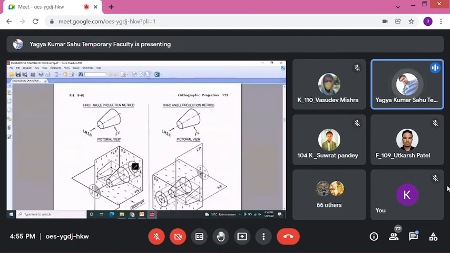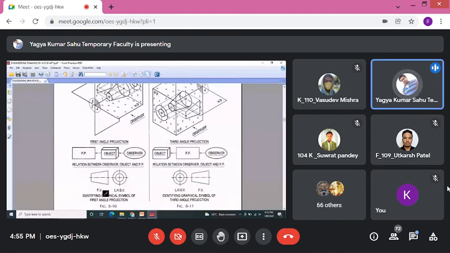So for drawing the symbol, we use the front view and left hand side view only. The front view will be a trapezium, and the left hand side view will be concentric circles. With the help of this symbol, you can identify first angle projection in any drawing.